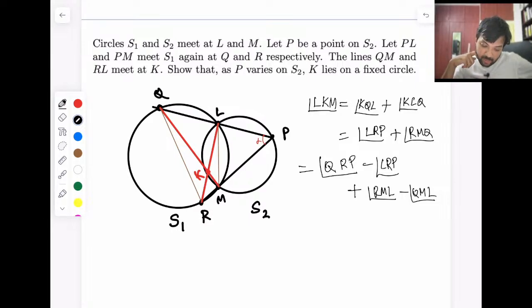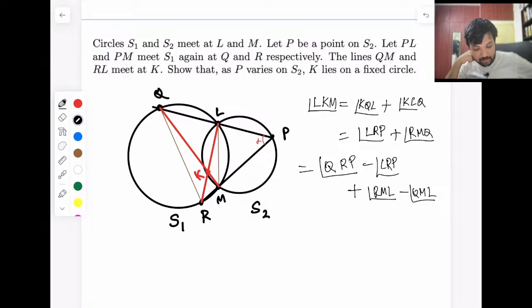So why am I doing all this? So the thing is, what is remaining constant here? As P varies, I think only QPR is remaining constant. Somehow can we write it in terms of QPR, is the question. LRP, what is LRP?